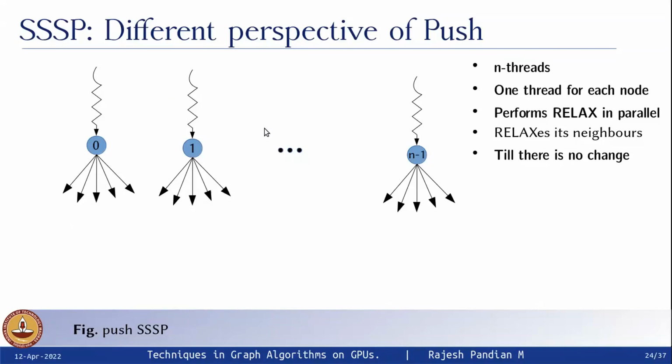Overall, the relax on its neighbors happens in parallel. For a particular vertex, each of the neighbor relaxes happens one after the other. That is what I meant by sequential here. But how long should we do this? Till there is no change happening at a particular vertex. When there is no change, we basically stop.